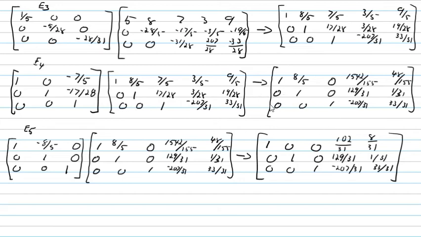This row will be what? 0 of this row, and then this row minus 17 over 28 of this row, right? And of course, if we take this row and minus 17 over 28 of this row, we'll get a 0 right here, right? Which is what we want.